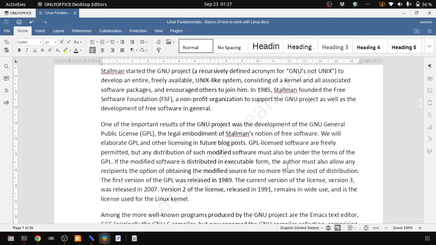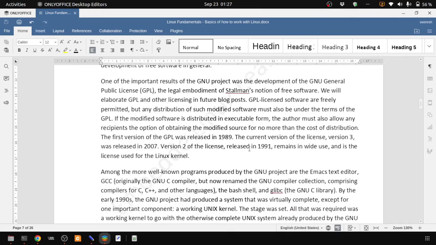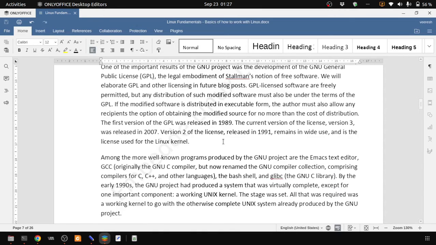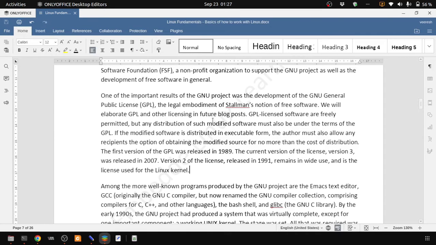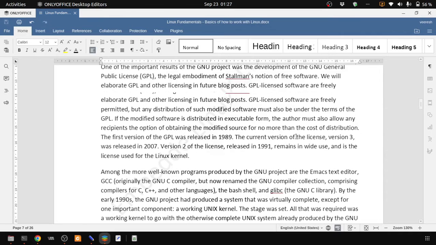If you use the GPL license, it means it's not completely free. You need to give your source code open to the community. I'm not fully aware of the GPL license, but maybe I will cover this in future episodes or other tutorials.